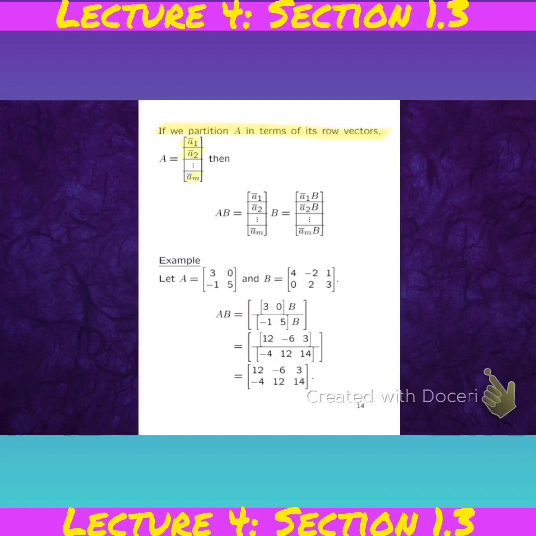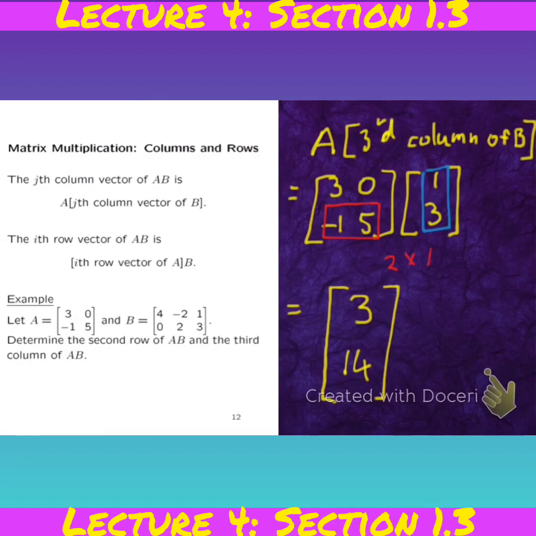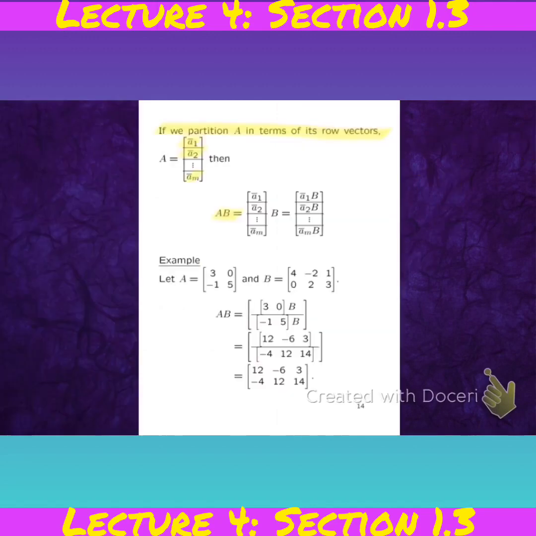So you partition A into row vectors, and then you can write the product of A times B. We're basically going back to the section where you calculate the ith row vector of A times B. So you partition A into its respective rows, and then calculating A times B, you multiply the matrix B with each one of the row vectors of A, and that will generate all the row vectors of the matrix A times B.